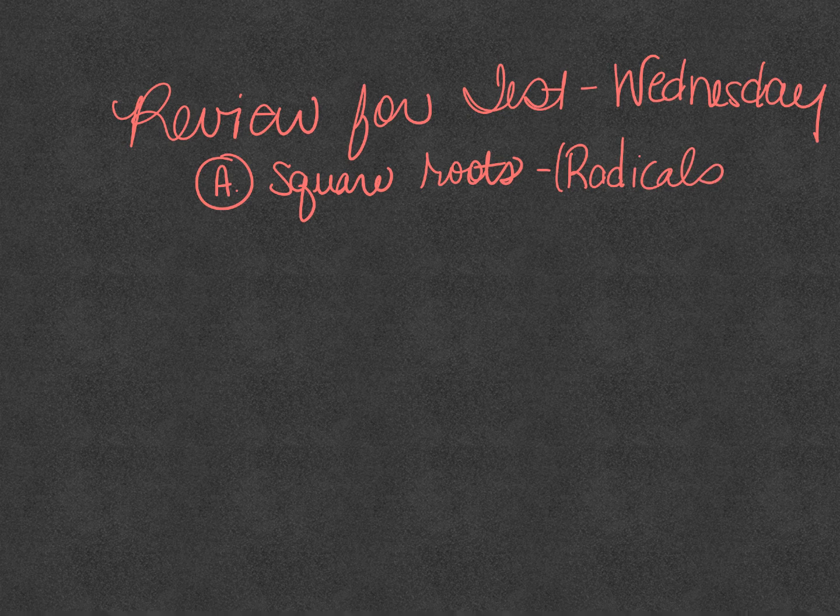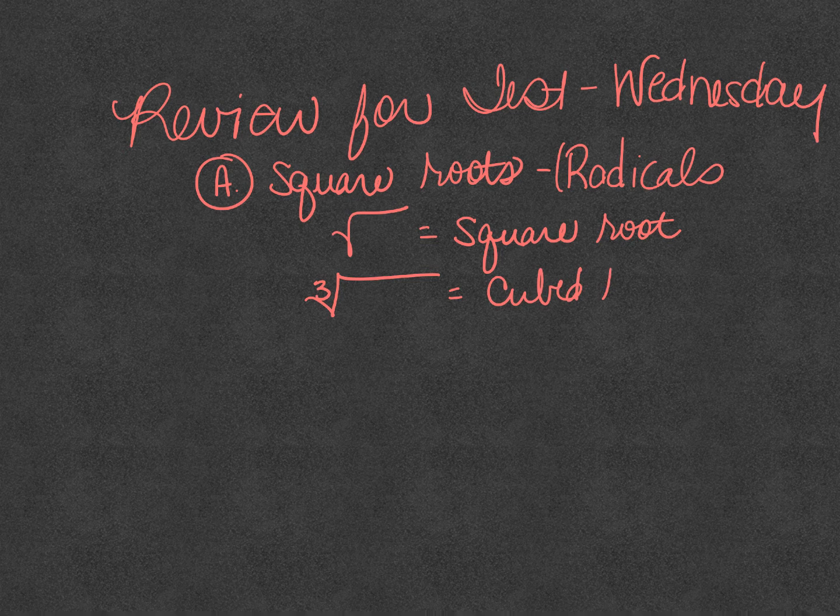In other words, you're going to be having your square root, a cubed root, a fourth root, your roots. I'm not going to go on any further, but you're going to be identifying just like we just did. We'll be practicing those tomorrow.